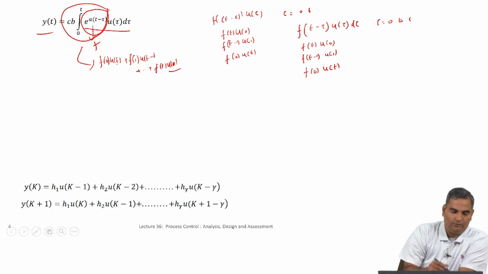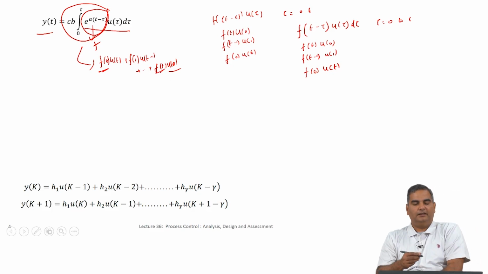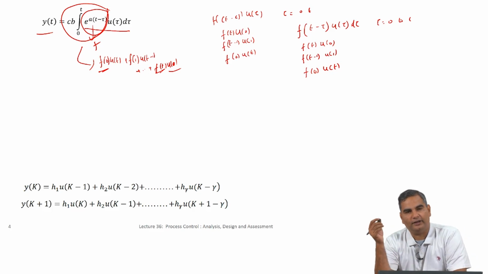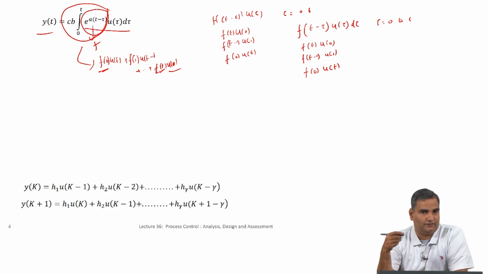So, for example, you would expect that this weighting will be larger than this weighting, simply because this u of 0 is a control move I made quite a while in the past, and the residual effects of that you would expect to go down over a period of time.